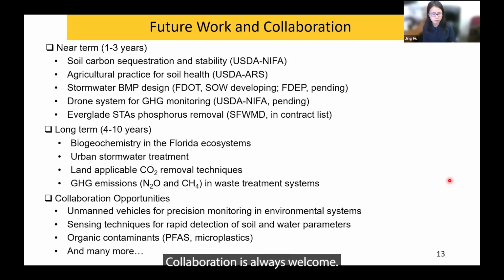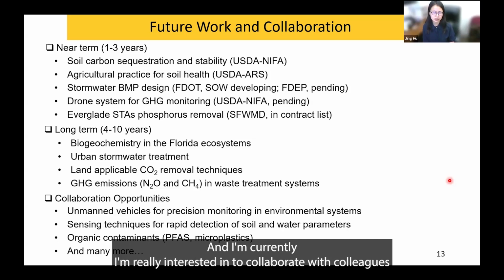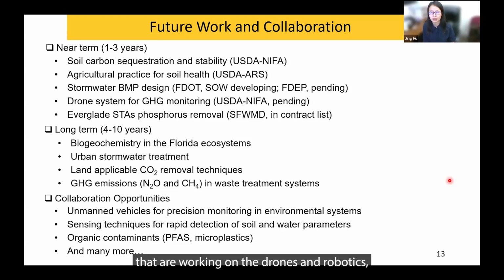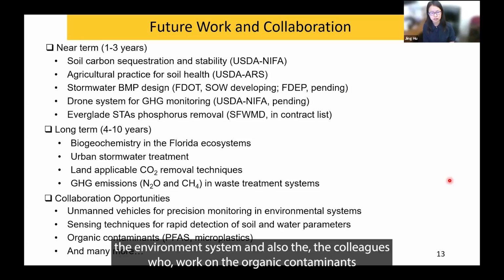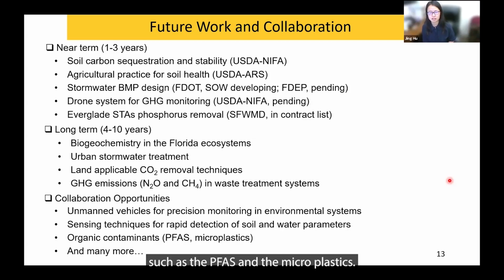Collaboration is always welcome. I'm really interested in collaborating with colleagues who work on drones and robotics, and sensor techniques to monitor environmental systems, and also colleagues who work on organic contaminants such as PFAS and microplastics.